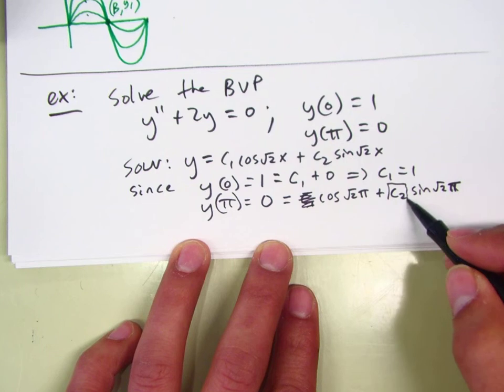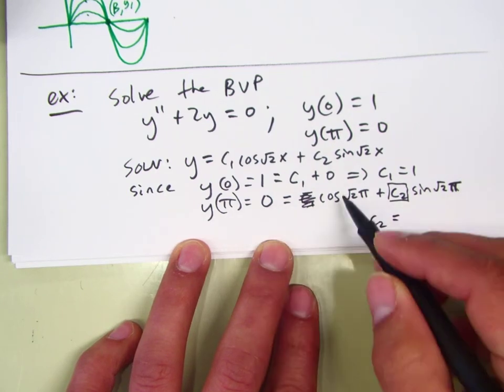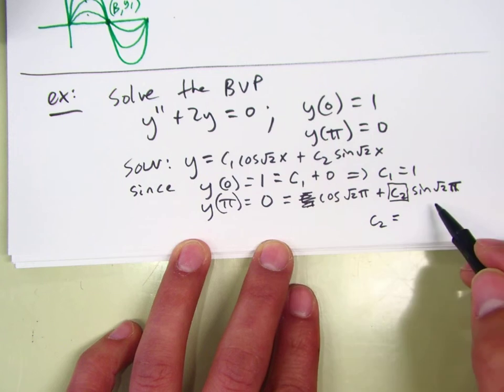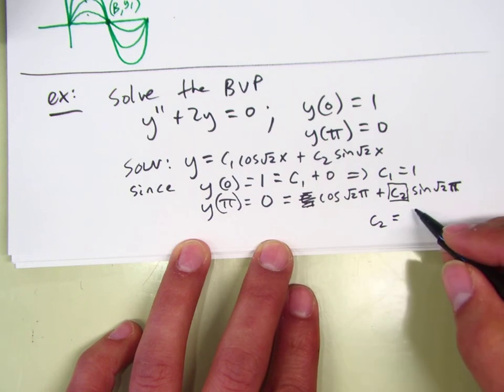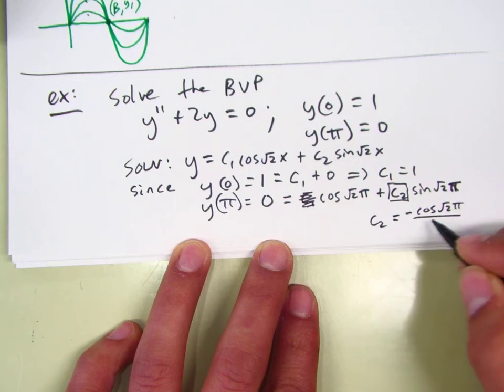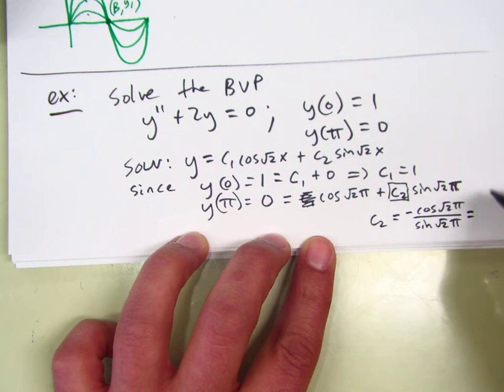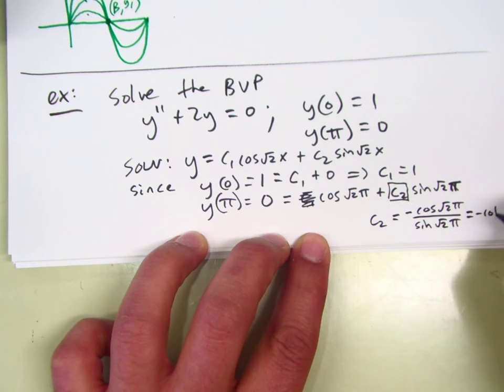And how do I get c2? Well, I just move the cosine over and divide by the sine term. So that's going to be negative cosine root 2 pi over sine of root 2 pi. In other words, if we clean it up, that's the same as minus cotangent of root 2 pi.